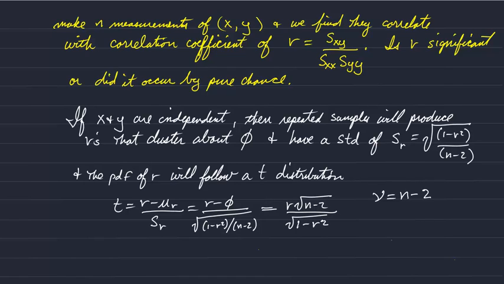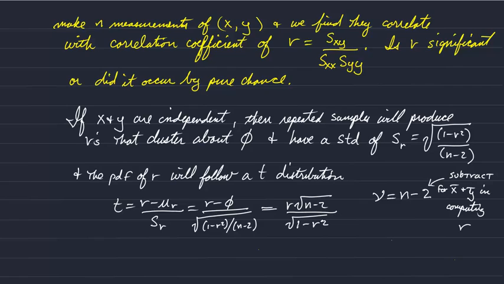The 2 is because we have to subtract for our estimates of the means of x and y in computing r.